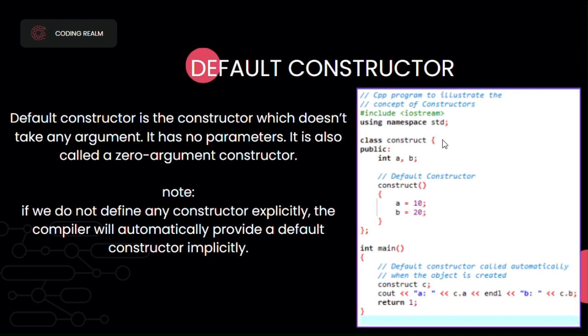Like in this example, class constructor, public, I defined a and b, two variables, and the default constructor: a takes the value 10 and b takes the value 20. And in integer main, the default constructor is called automatically here, constructor C, to call this constructor, and cout A and B.